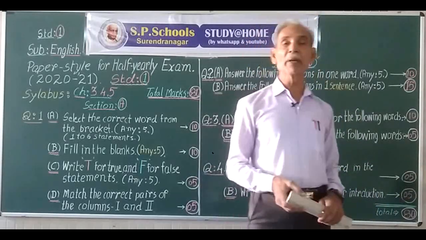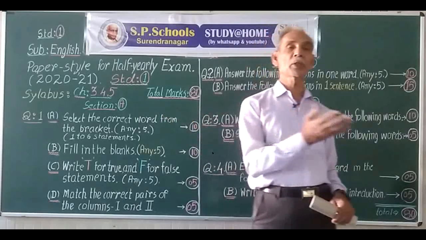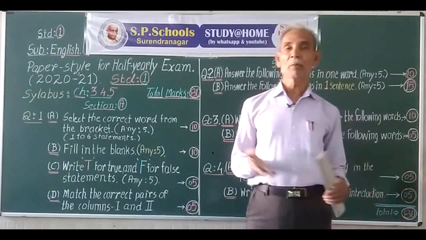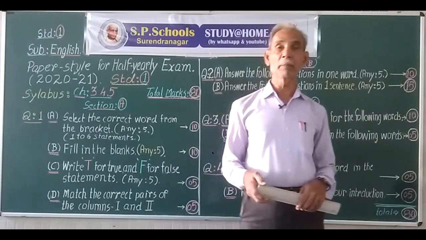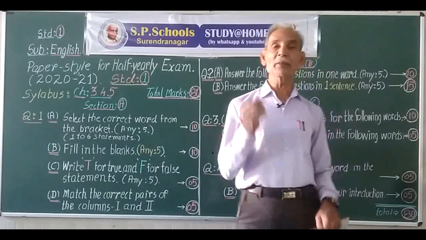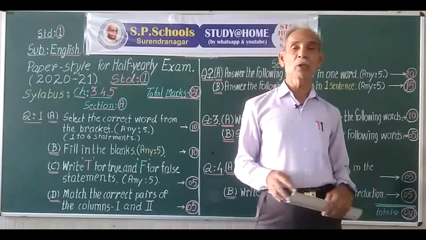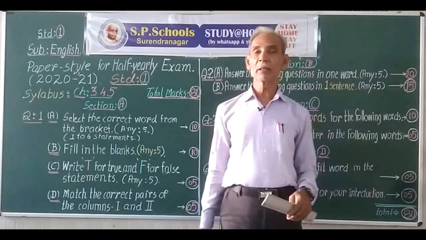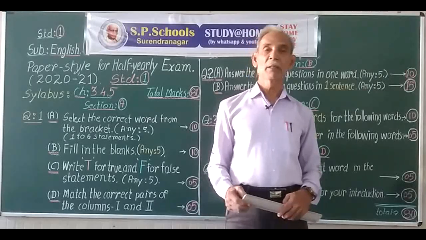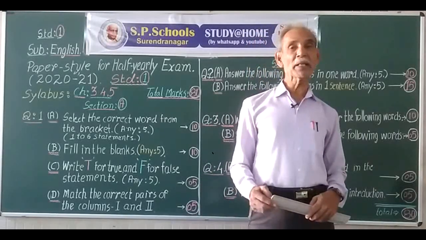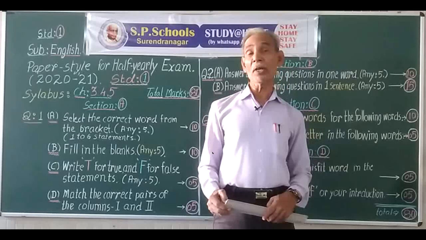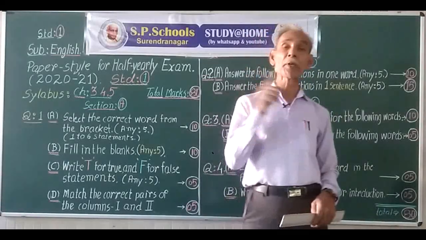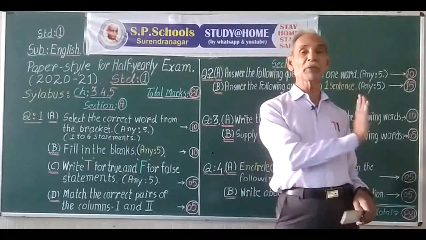Suppose you are given words of some articles like pen, pencil, book, bag, table, stool, and there is one word like crow. So all these things are articles, non-living things, but crow is a bird. It is a living thing. So it is a misfit word among all these words.